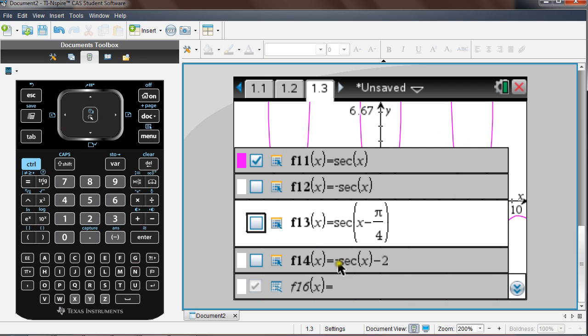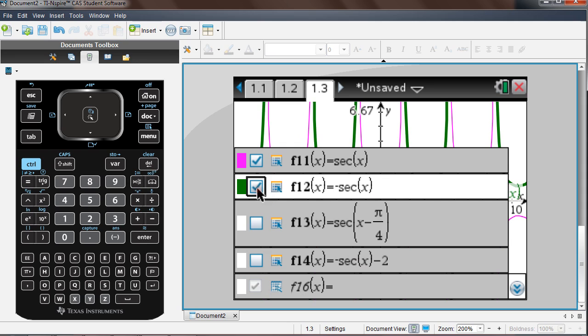So now I have the negative back again, but this time I'm subtracting 2, so I'm going to go ahead and bring that negative graph back. So it should look just like that green function did, except -2. Every point should be pulled down 2 points, or 2 spaces.